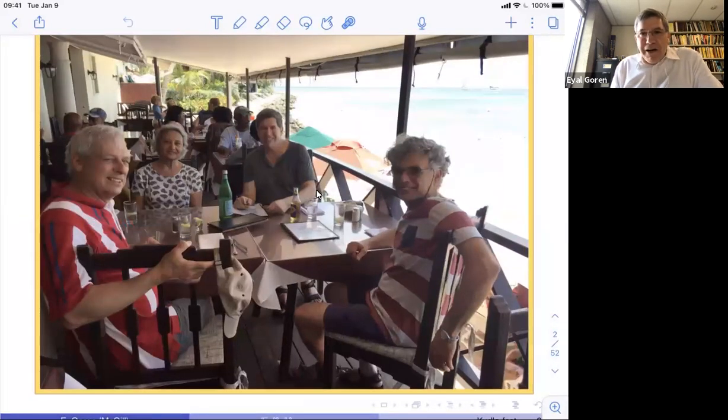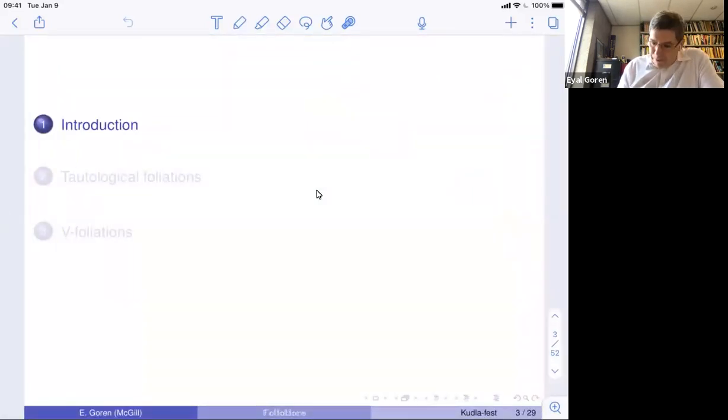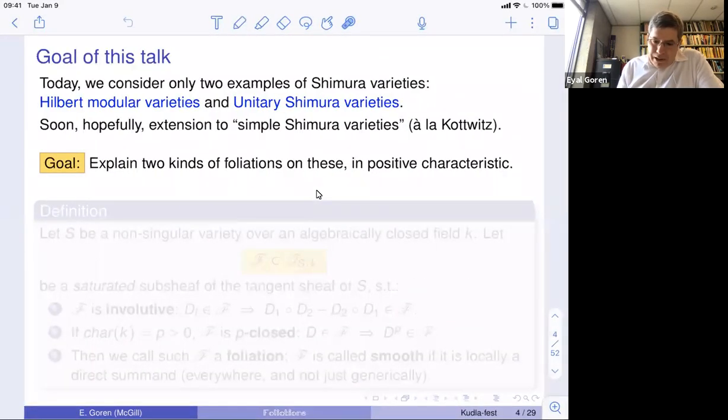Okay, so let me move to business. I'm going to talk about foliations. I'm going to start with some introduction to the topic of foliations and then explain how we use this in the study of Shimura varieties in characteristic P. I will actually focus on two examples today, the Hilbert modular varieties and unitary Shimura varieties, examples that are familiar and often used in the context of Steve's work.